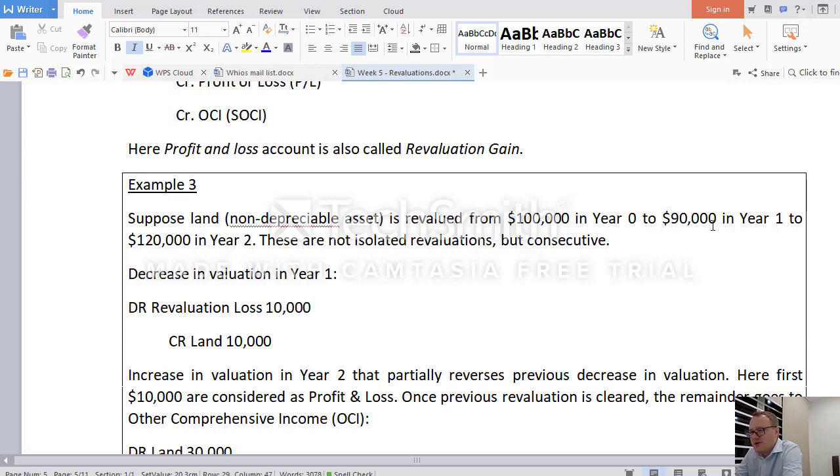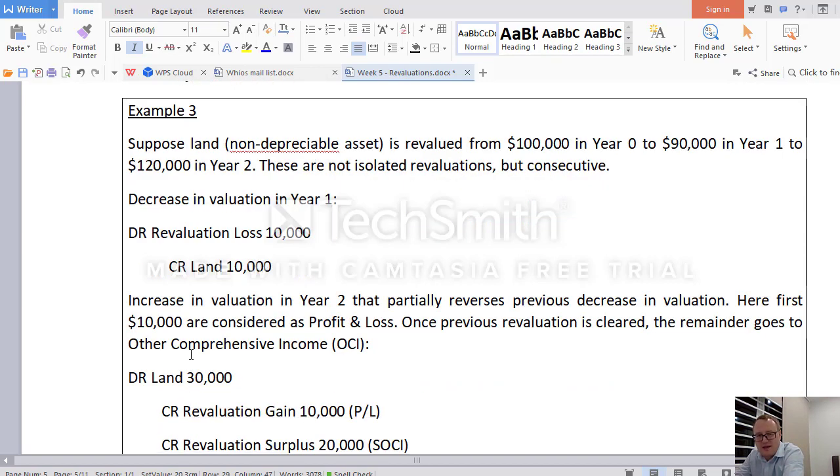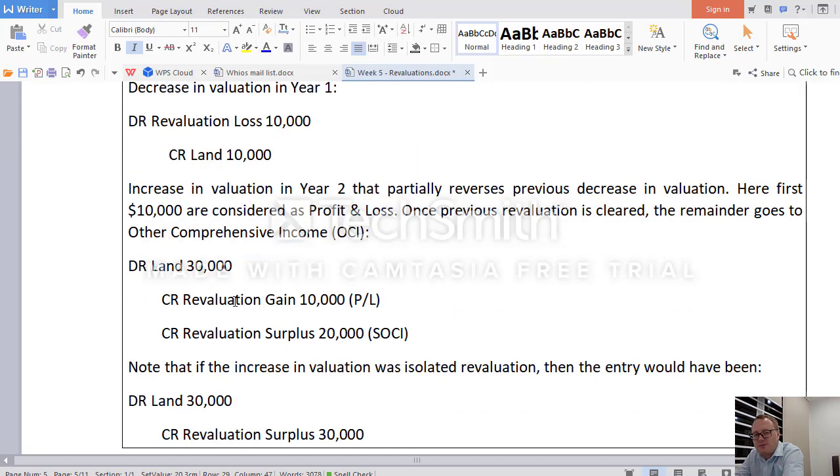Initially it was 100, then 90, and then up to 120. So for the second entry, we start with 90. From 90 to 120. What's the value of increment? 30. But this 30 will be split between revaluation gain and revaluation surplus.